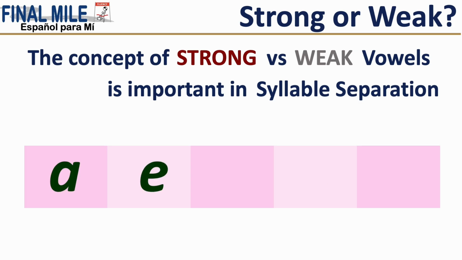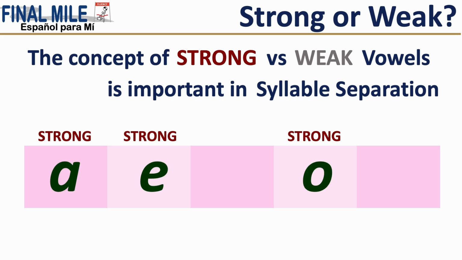So next thing we need to learn is that a, e, and o are inherently strong vowels. I and u are unfortunately weak.